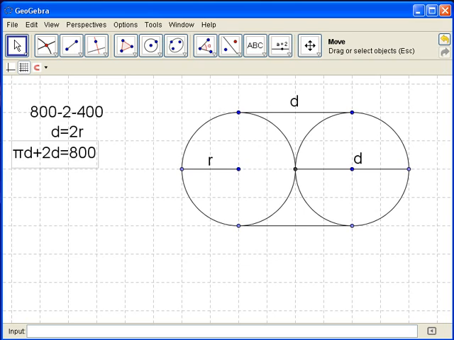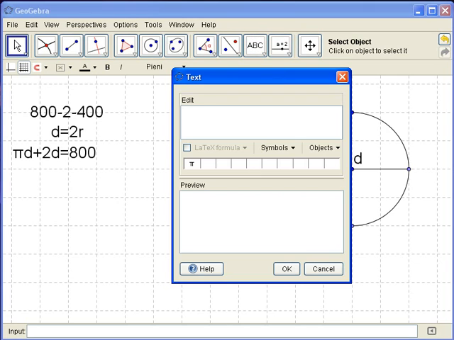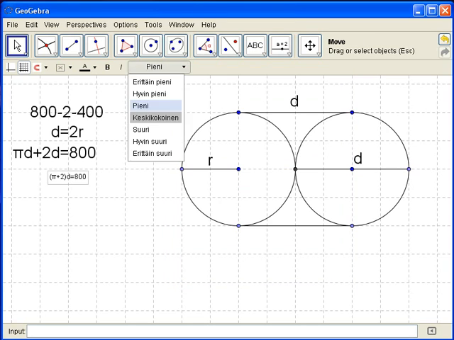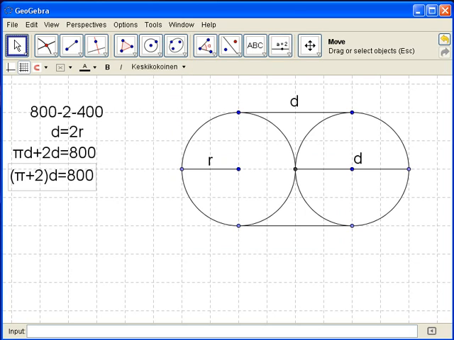Okay, now from this we need to separate the diameter, which we can find the following way. Now it's pi times diameter plus 2 times diameter, which we can express also like this.